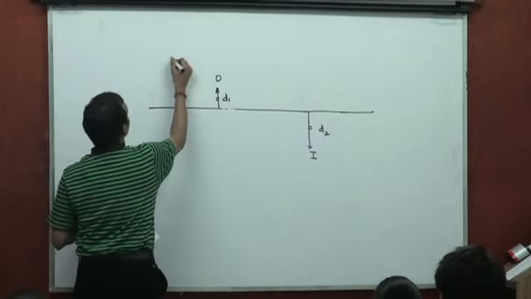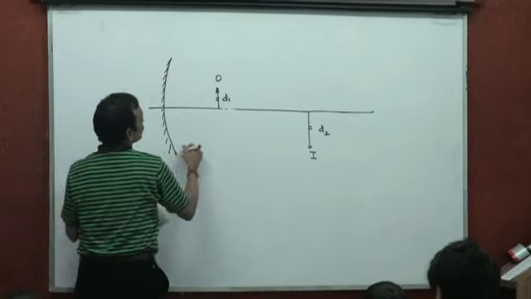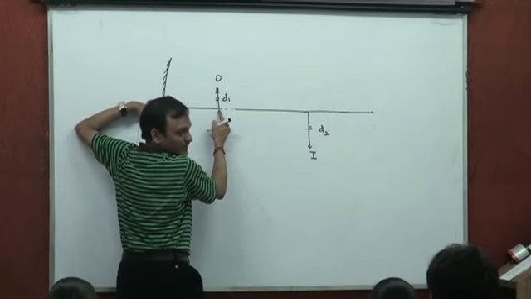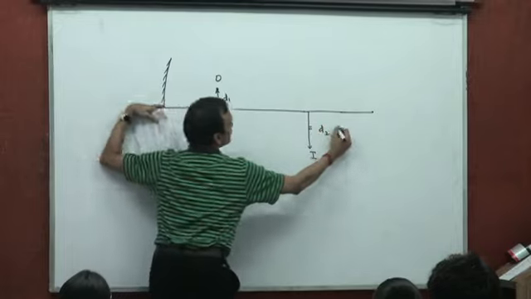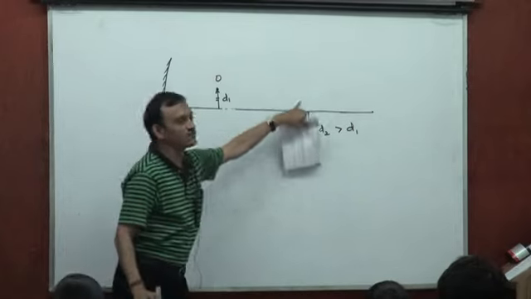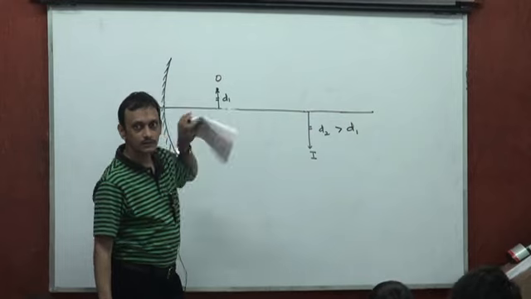Evidently, the mirror must be somewhere here. This must be the position of the mirror, so that the image distance is greater than the object distance. That will cause the image to be magnified, because D2 is greater than D1. And since it's inverted, it must be real, right?